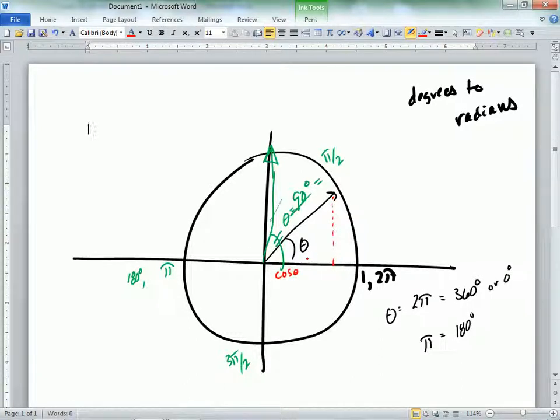It's just the length of that adjacent side. Here's my sine. The reason why you want to know this unit circle is so you can make quick answers. For example, if I said, what is the cosine of 180 degrees, you would say that length is going to be what?